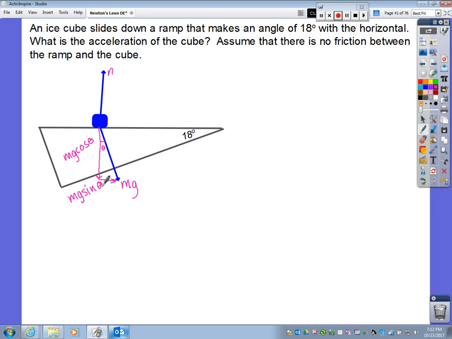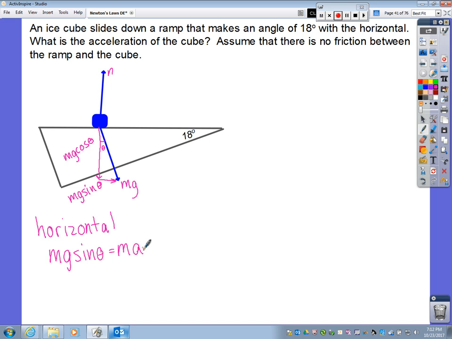So now we've got vertical and horizontal. Again, in the vertical, the normal force and mg cosine theta cancel. Horizontal, we've just got mg sine theta equals ma.